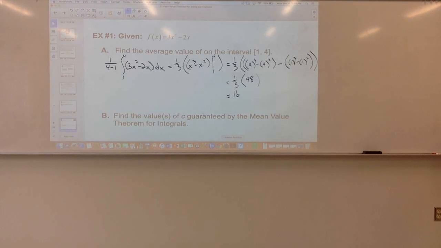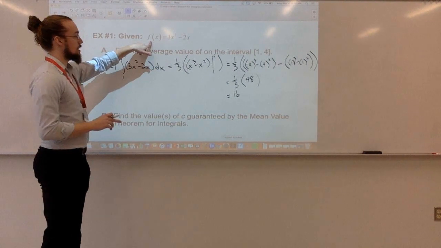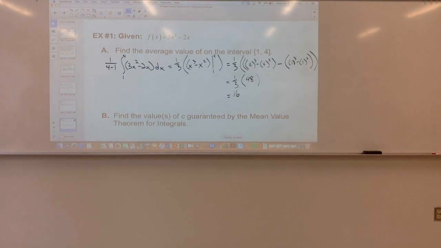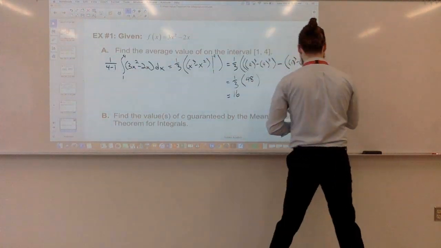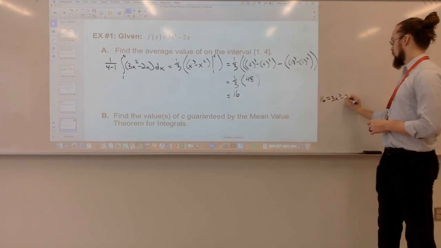Well, which is plugging it in for y. So I'm going to say 16 equals 3x squared minus 2x. So how do I solve that?